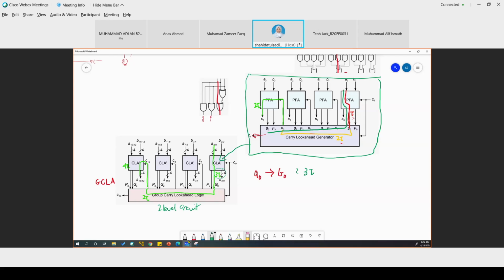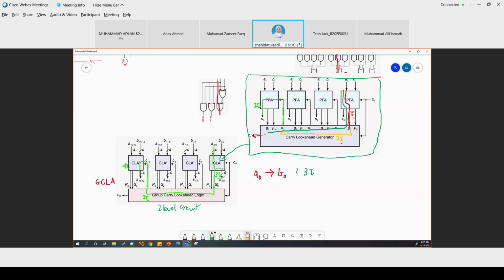Why is this 4 tau? Because it's from C12.